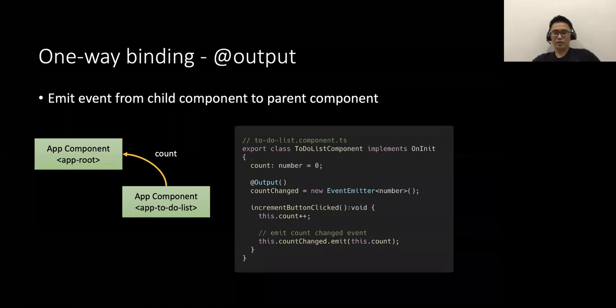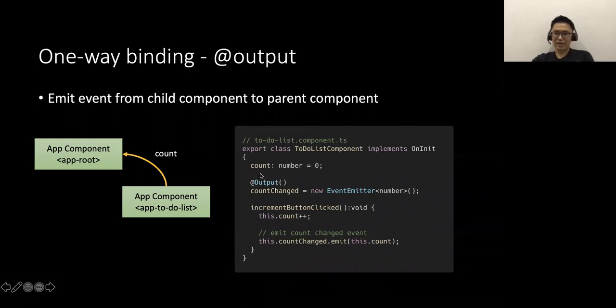And in order for the child to pass the value to the parent, we are using an event. Okay, to declare an event, we need to use an output decorator. So the property name will be the event name. We need to use the event emitter to emit.